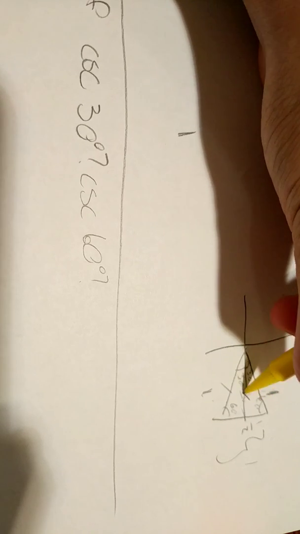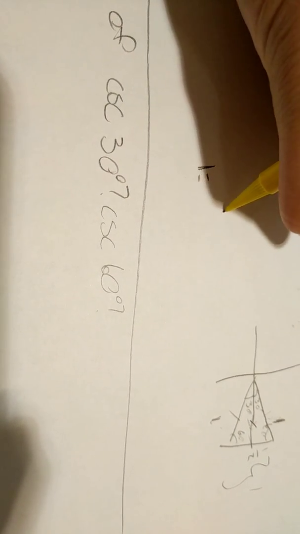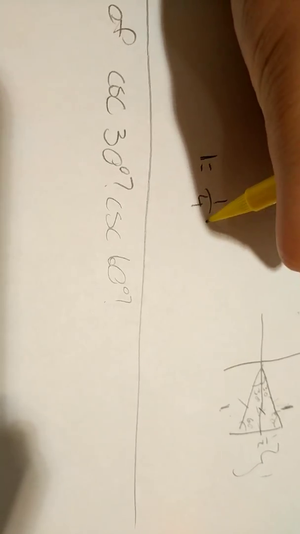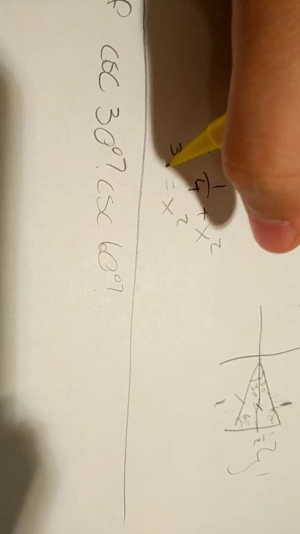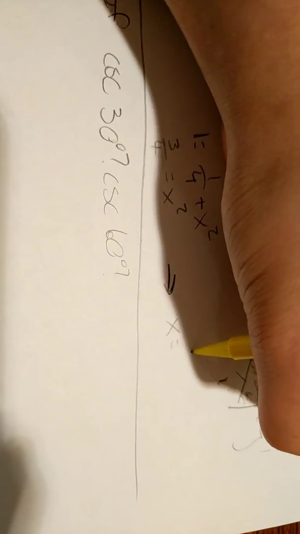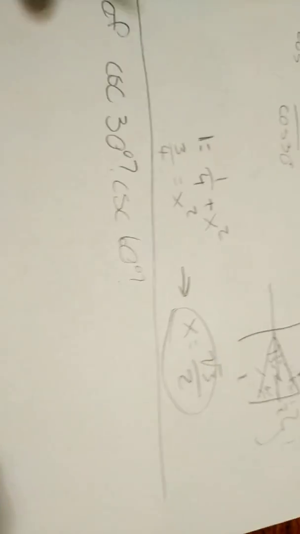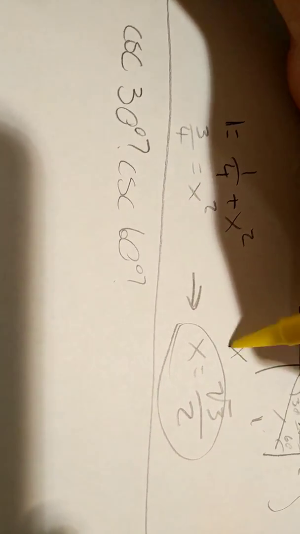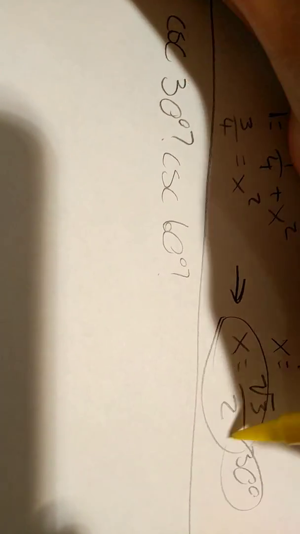I just need to find this x length over here. So I have 1 squared, which is 1, is equal to 1/2 squared, which is 1/4, plus x squared. So x squared is 3/4, which means x is the square root of 3 over 2. And the other value of x for these 60 degrees, I'm just going to write a note that this is for 30 degrees.